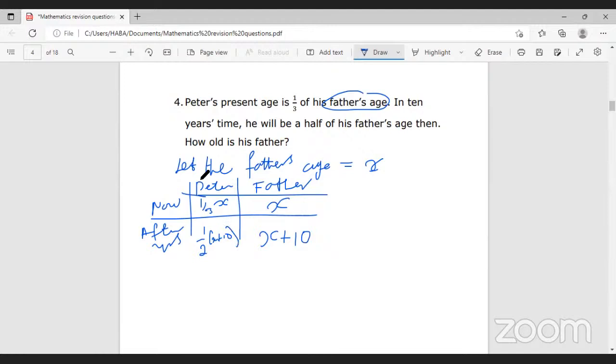So this would be a summary of this information after we have interpreted it. What we are going to do next is use Peter to solve for x. Now, when we get Peter's present age, which is 1/3 of x, and then we add there 10 years, it will be equivalent to a half of x plus 10.